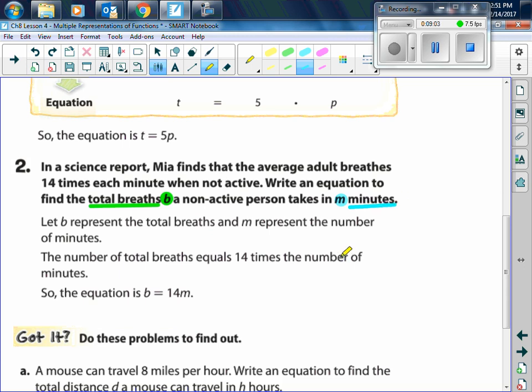Now we can go back to see what tells us what we're going to do. Here, 14 times each minute. What word tells me the operation? Each. So here we have 14 times the number of minutes. So 14 times M gives me the total number of breaths.